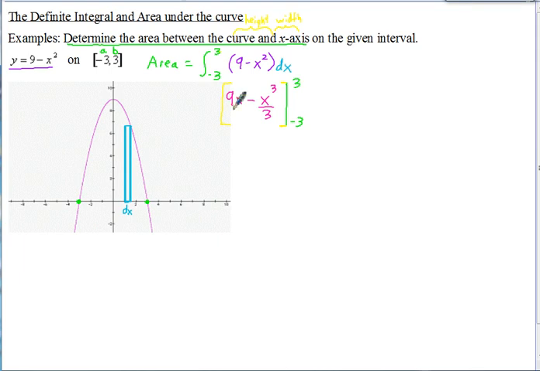And when we do that, we'll get 9 times 3 minus, substitute 3 in there for x, so 3 cubed over 3. And then subtract, and I'm going to put this in parentheses, because we're subtracting this whole thing, what we get when we substitute in the lower limit of -3. So that would be 9 times -3 minus -3 cubed over 3.